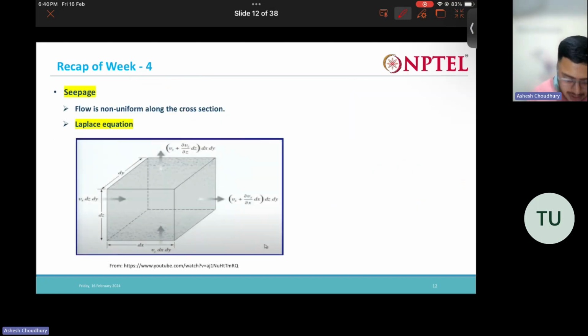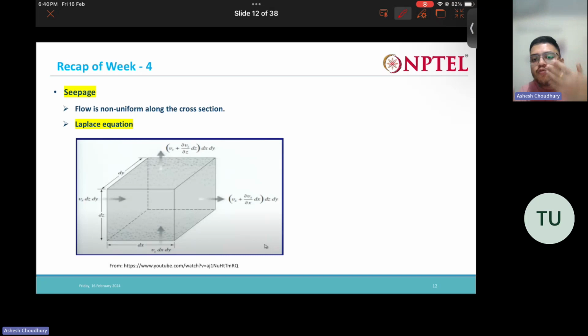Now the next topic that we encounter is seepage. So what is seepage? Seepage is nothing but the flow. How we can mathematically define the flow of water through this soil body, that is seepage, that we will see in this topic.